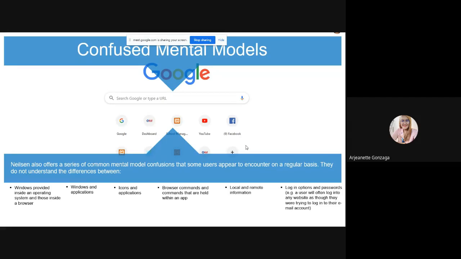And they also do not understand the difference between the windows and the application. Those are different. According to Nielsen, they also do not understand icons versus applications, the browser commands and the commands held within the app, local and remote information, and login options and passwords. For example, users will often log in to any website as though they were trying to log in to their email account.